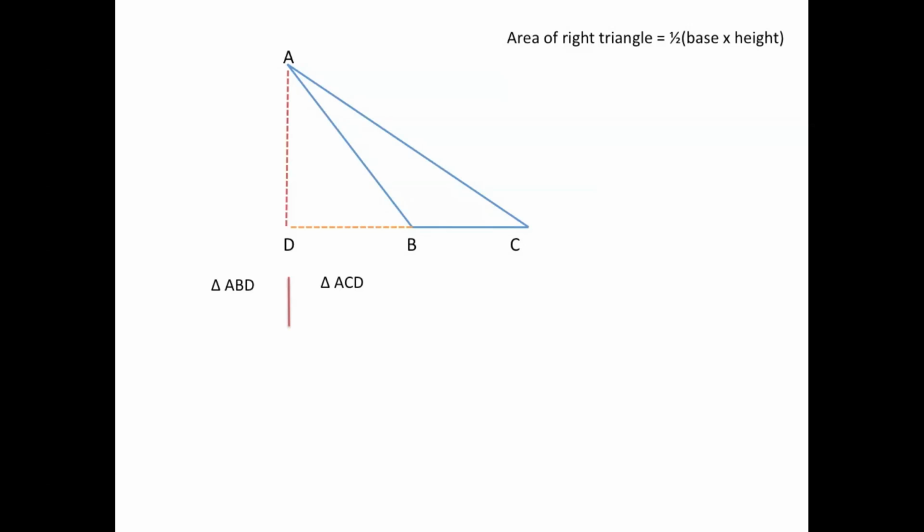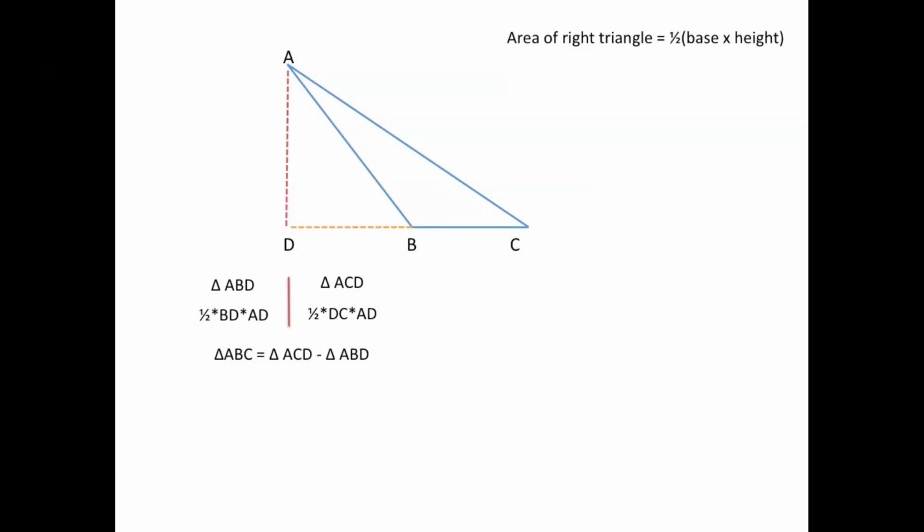Now, we know that the area of a right angle triangle is half base times height. So in this situation, to find the area of triangle ABC, we have to subtract the area of triangle ABD from triangle ACD. So the area of triangle ABD is going to be half BD times AD, and the area of triangle ACD is going to be half CD times AD.